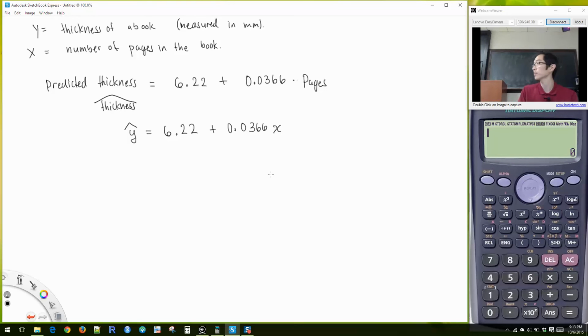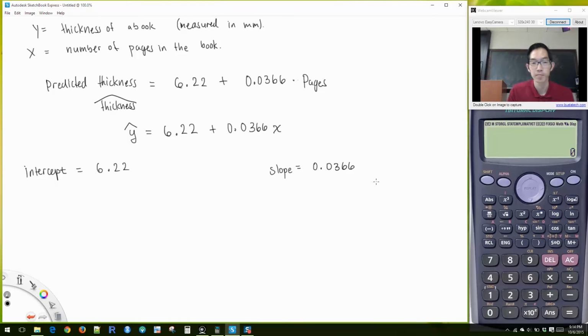Is that okay? All right, so what is the intercept in this model? What is the value of our intercept here? Yeah, our intercept is 6.22. And what is our slope? Our slope is 0.0366.